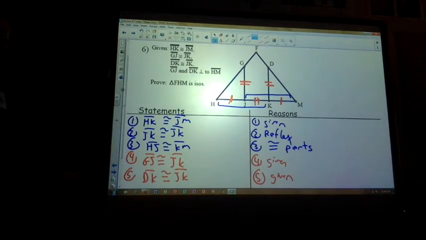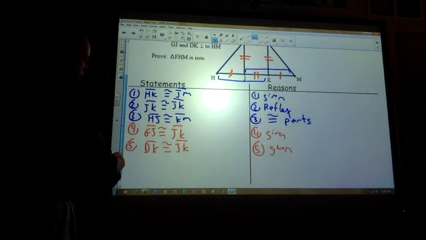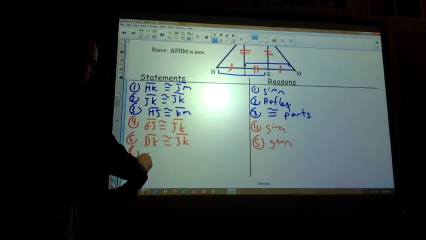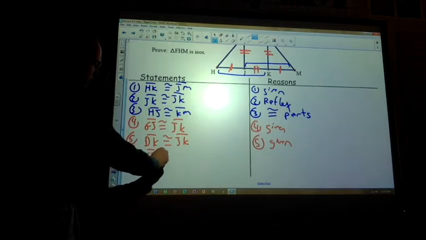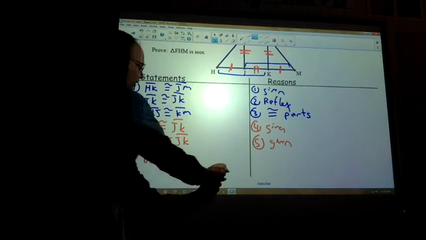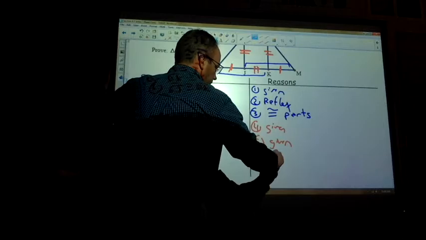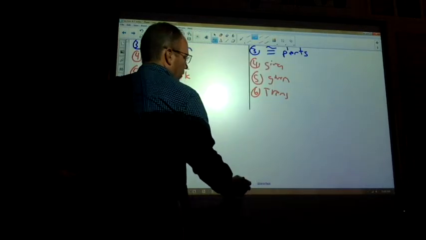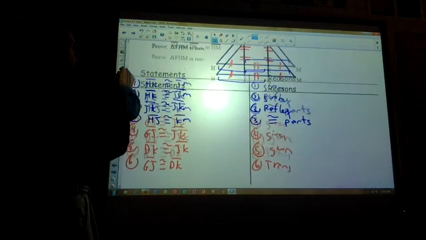Can I say GJ and DK are congruent because of transitive? Good. GJ is congruent to DK. That's a little transitive property in there. I don't know if we needed that or not, but it seemed good.